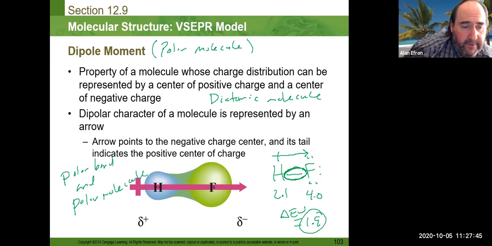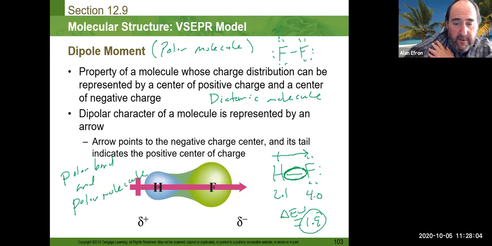And it's very simple. If the bond that is there is a polar bond, we would expect the molecule to be polar. And if that bond is nonpolar, we would expect the molecule to be nonpolar. So if we looked at F2, they both have the same electronegativity of 4, which you can't see, and that gives us a difference in electronegativity of 0, which tells us this is a nonpolar bond.